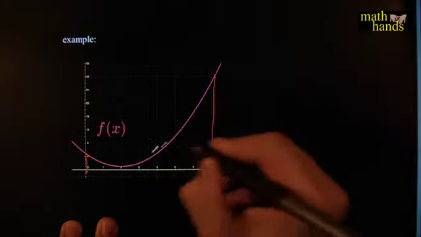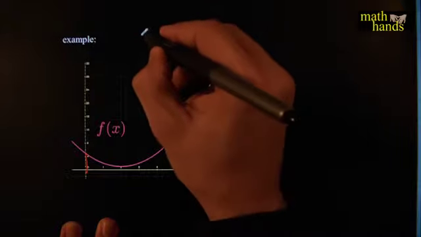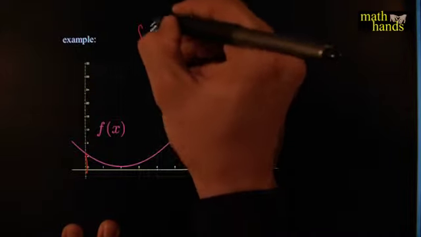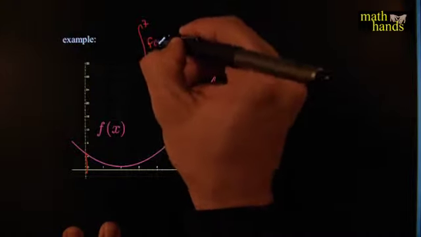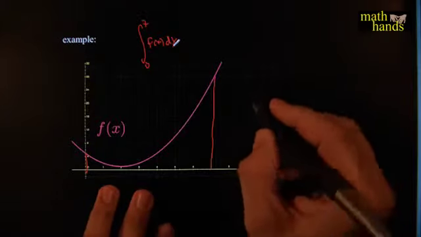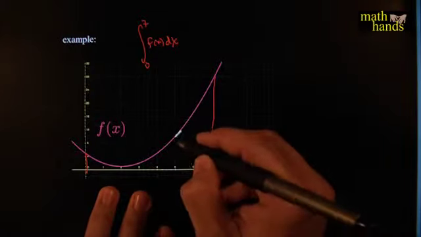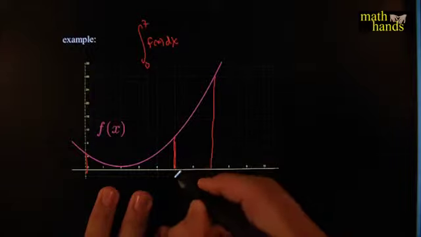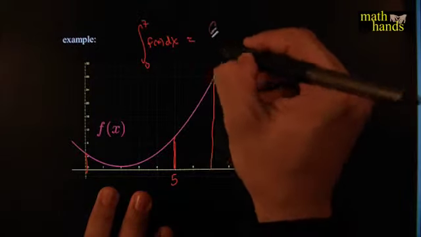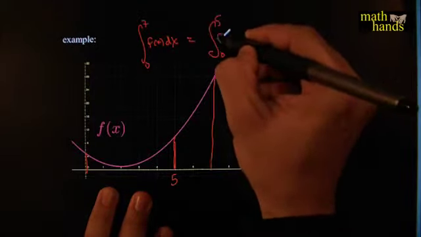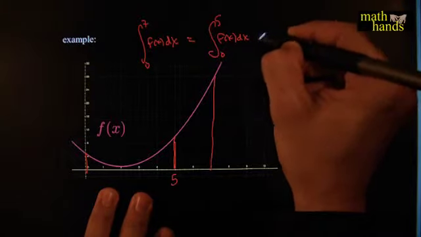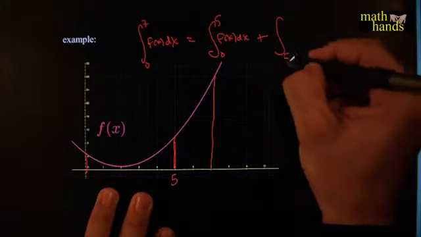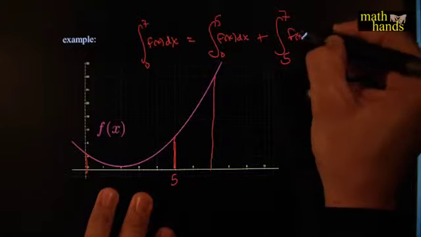The total area from 0 to 7 would be the integral from 0 to 7 of f of x dx. And say, hey, what if I want to split that up into two pieces? I take an intermediate point here, say 5. And I say, hey, this is the same thing as going from 0 to 5 of f of x dx plus the integral from 5 to 7 of f of x dx.